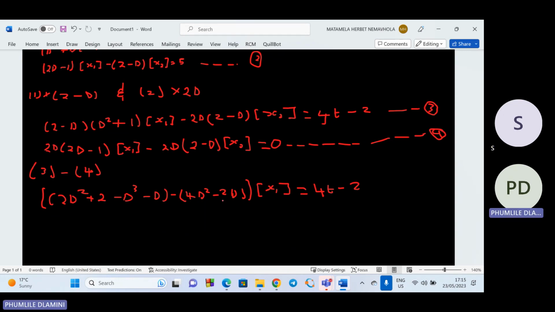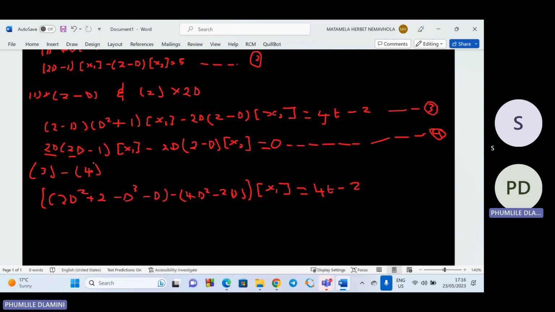Which one? This one here. 2d times 2d, this one times this one, will give us 4d squared. We're saying equation 3 minus equation 4. Then 2d times minus 1 is going to give us minus 2d.